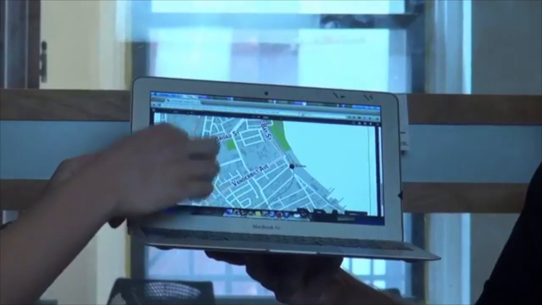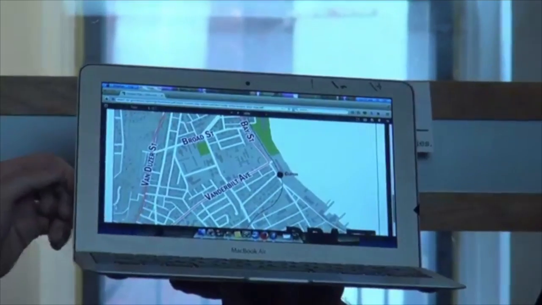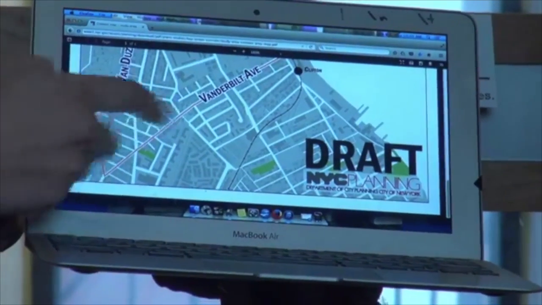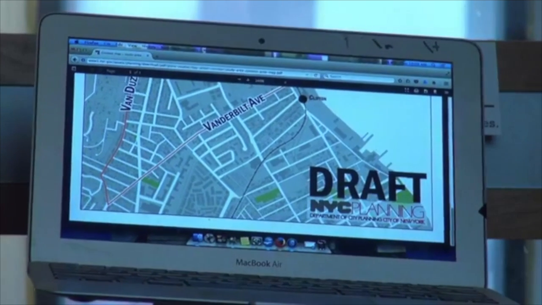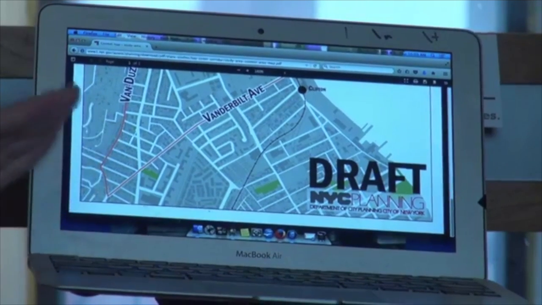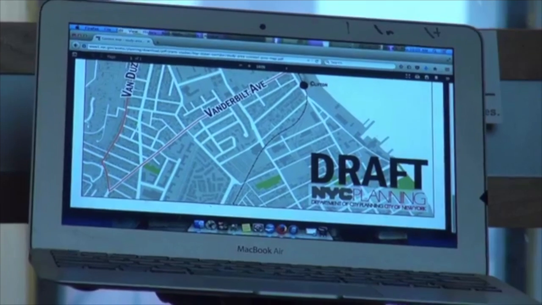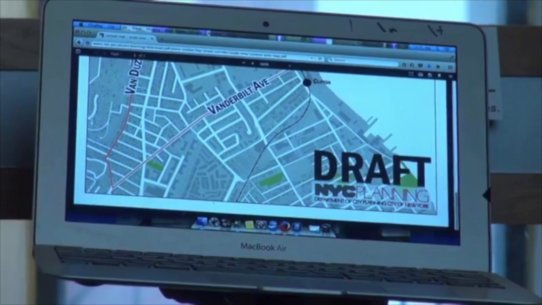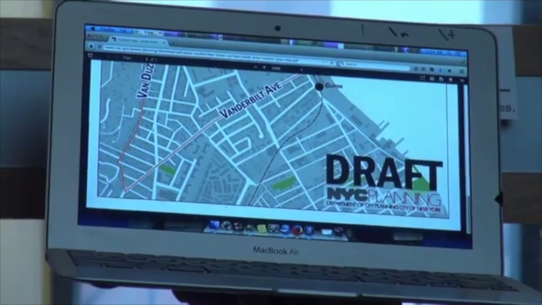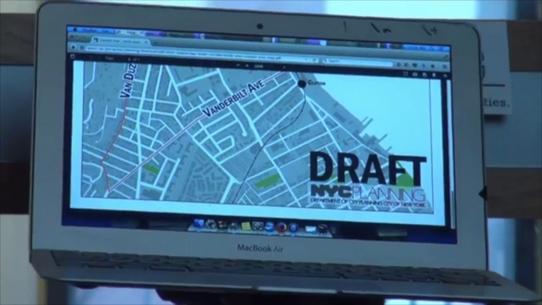here is the southern part of the context area, and you can't really totally see it, but the bottom line of it is Vanderbilt Avenue. On the southern side of that boundary is the Park Hill Section 8 complex, which is one of the biggest affordable housing complexes on Staten Island outside of NYCHA.